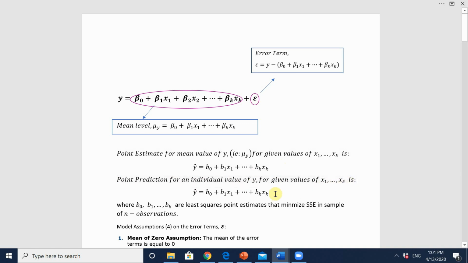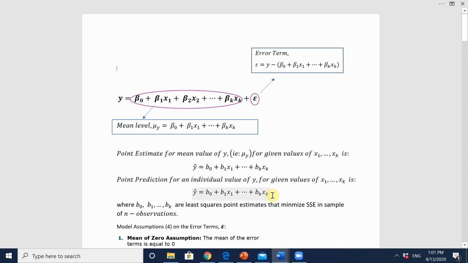And so that takes on the form right here. Y hat is equal to b naught plus b1 times x1 plus all the way up to bk times xk. Now, why is it that the two have the same form? The point estimate has the same form as the point prediction?